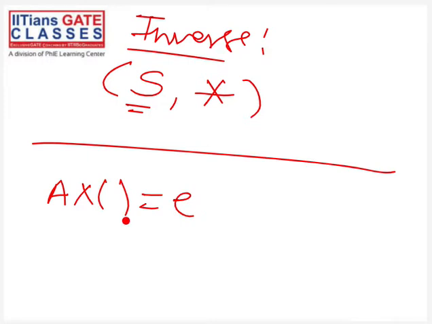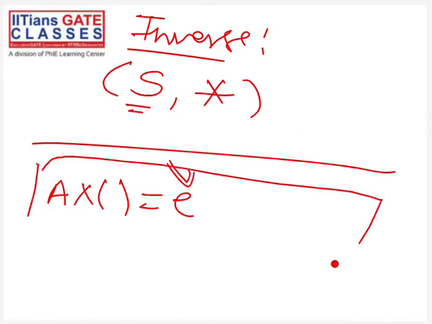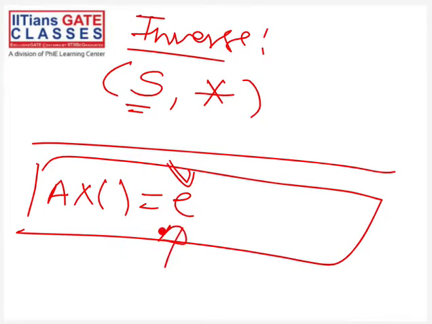So before finding the inverse, I should find the identity element, because I need to use the identity element in this definition. Remember, if the identity element does not exist, then your inverse will also not exist. So before finding the inverse, always find the identity element.